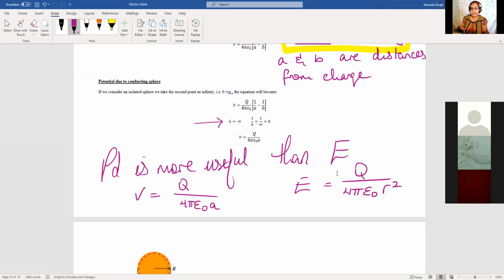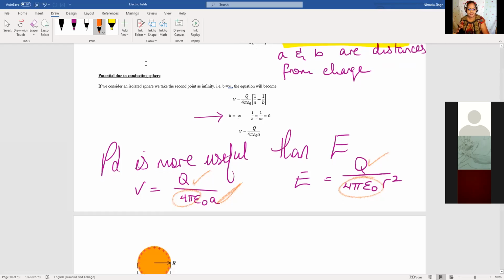See, they actually are related to each other, where we have exact terms here. The only difference is that A is just your distance away from a point, and your electric field strength takes your distance squared. So they are related. We're going to look and see how PD, which is your V, is related to your E. And I'm pretty sure you all can see already how they are related.